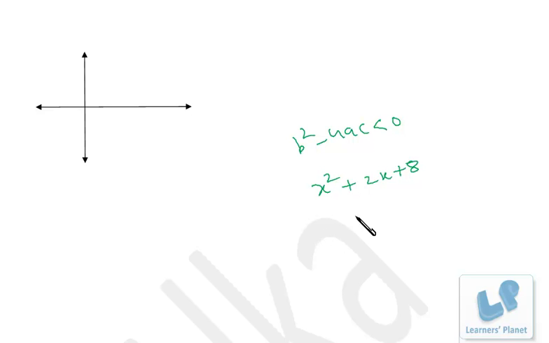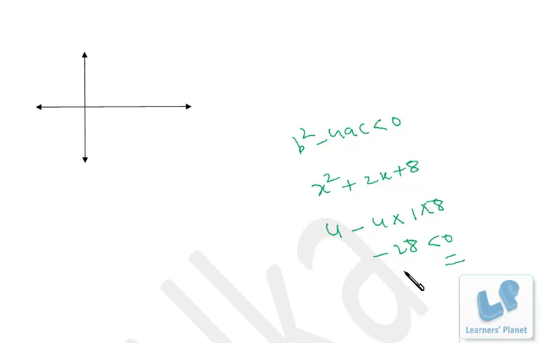It's b square minus 4ac, that means the coefficient of x is b, that's 2 square, 4, minus 4 into a, which is 1, and c is 8. Okay, so 4 minus 32, that's minus 28. So that's less than 0. That means b square minus 4ac is less than 0.